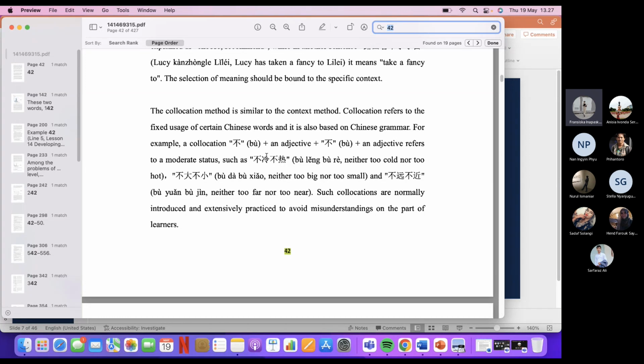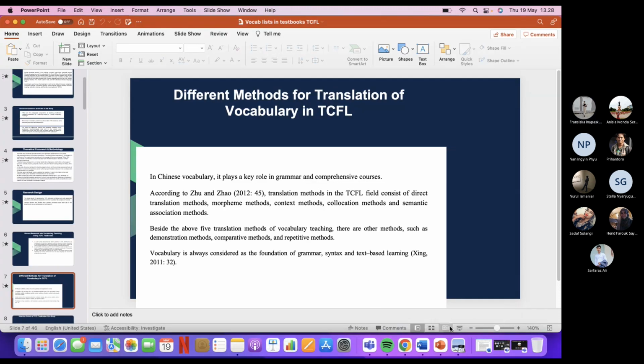So it refers to a moderate status like this.